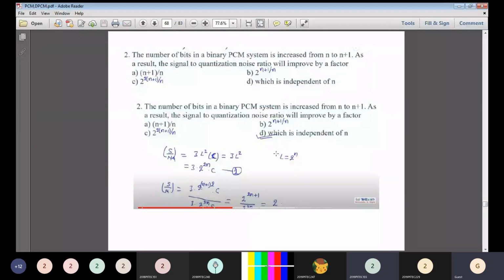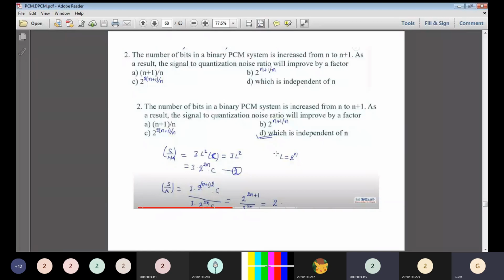Option A, n plus 1 divided by n. Option B, 2 power of n plus 1 divided by n. Option C, 2 power of 2 into n plus 1 divided by n. Option D, which is independent of n.